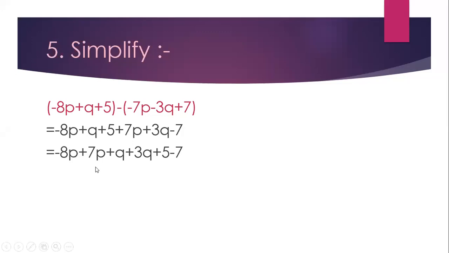We get minus p. Here, 3 plus 1, 4q. And 7 minus 5 is 2. Why is the negative sign over there? Because the negative value is greater. Clear? Yes, Abir, absolutely right.